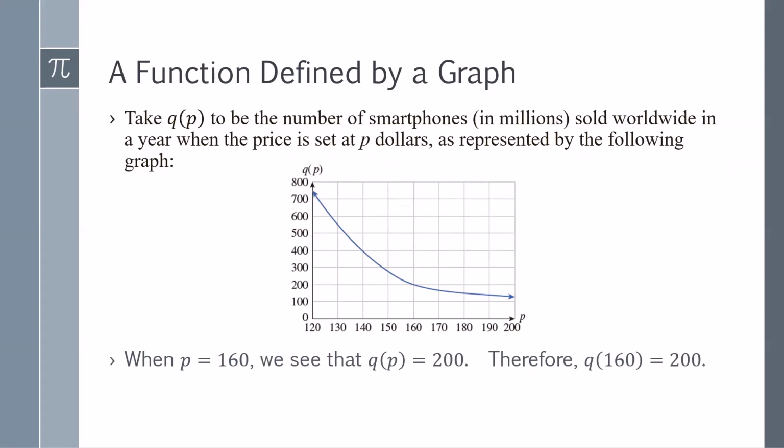If we look at a specific value of P, say for example $160, we see that the quantity Q of P is 200 on the graph. So the x value is 160. We go up from 160 to the graph and over to the side and get the value Q of 160 equals 200.